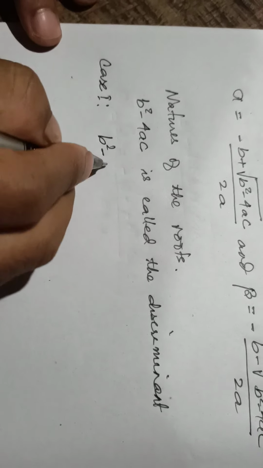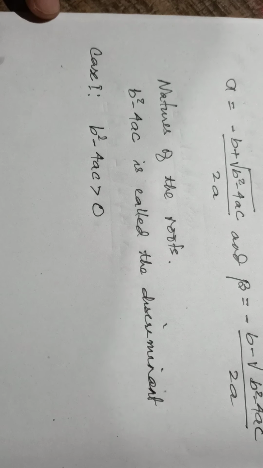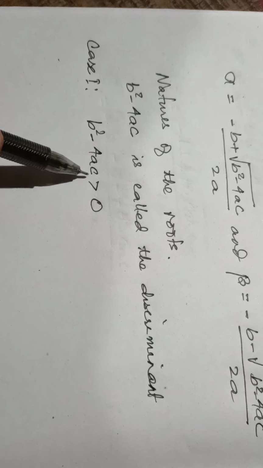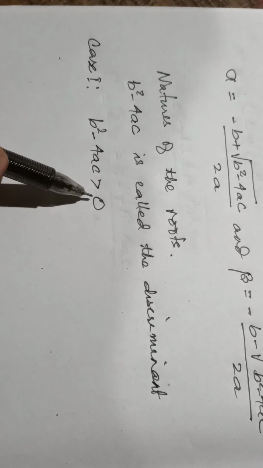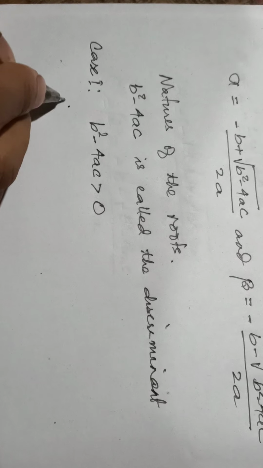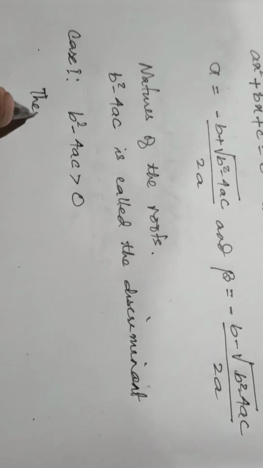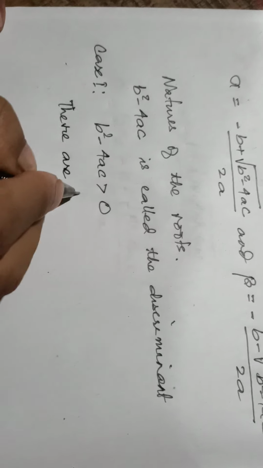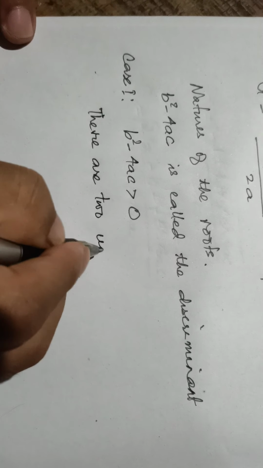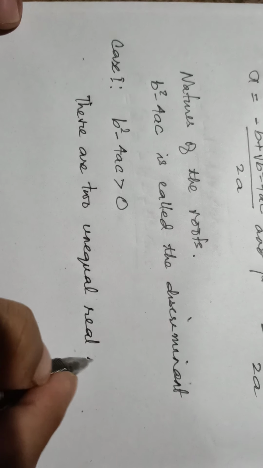For case 1, b² − 4ac greater than 0. That means if the value of b² − 4ac is greater than 0, the roots are real. We are going to write like this: there are two unequal real roots.